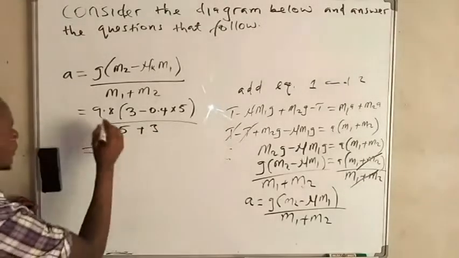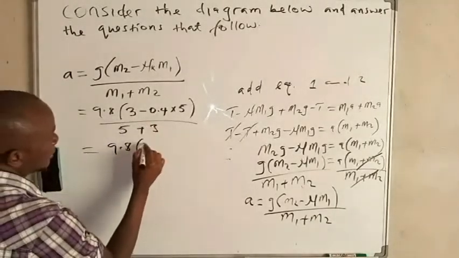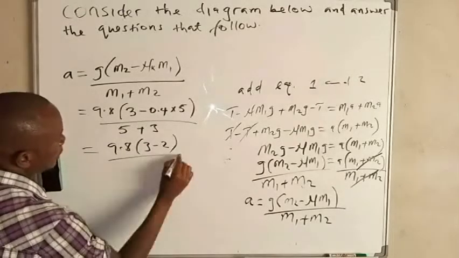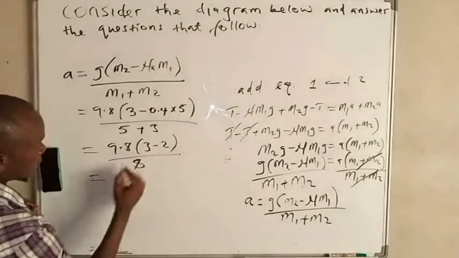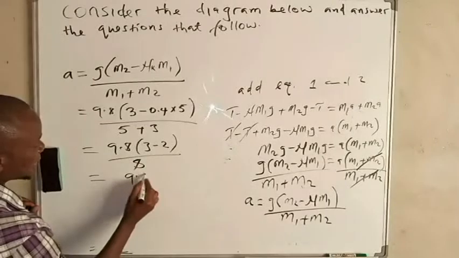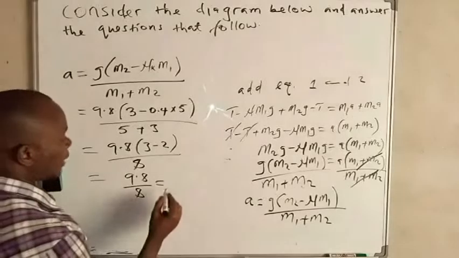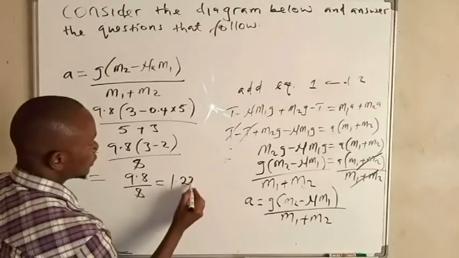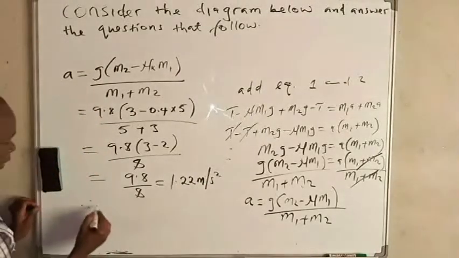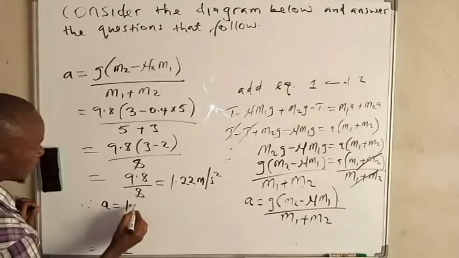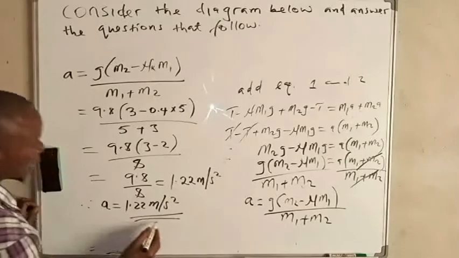So here we're going to have 9.8 times 3 minus 2 over 8. This is just 1 times 9.8, so we have 9.8 divided by 8. Punching this on a calculator, we get 1.22 meters per second squared. Therefore, the value for acceleration is 1.22 meters per second squared.